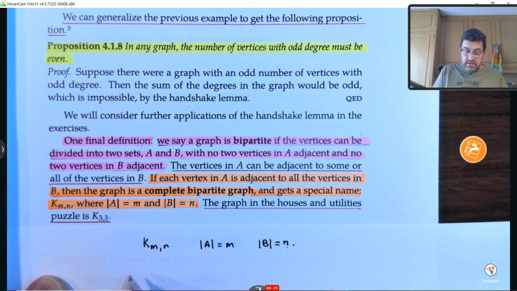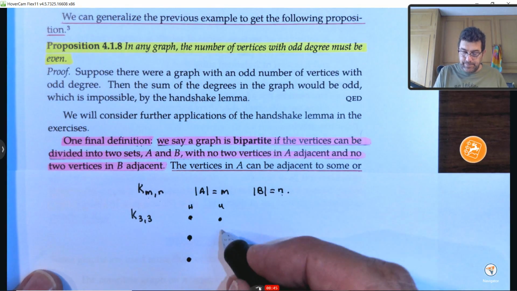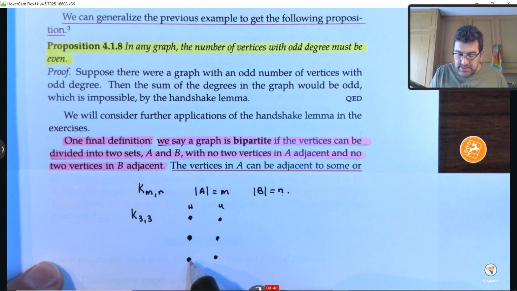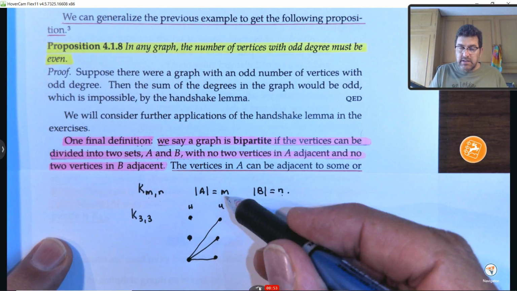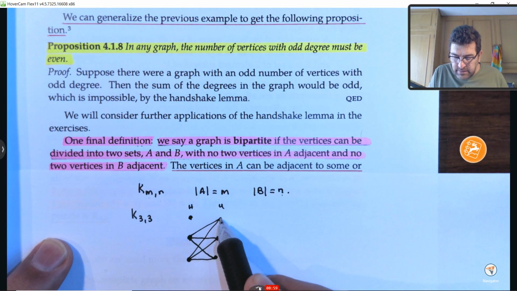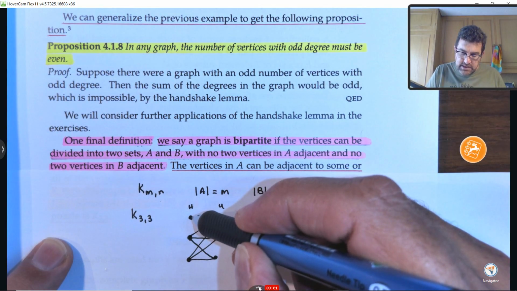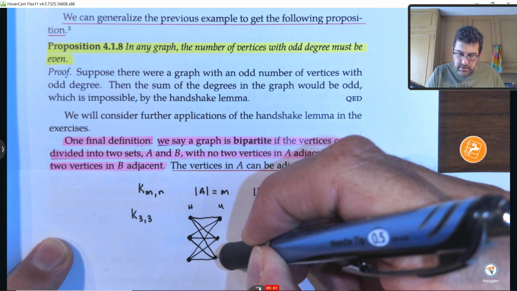So if we talk about K33, which we did earlier with the houses and the utilities, we have the houses in a separate set, and the utilities in a second set. Each one of these houses was connected to a utility node on the other side. So this house was connected there and there, and this house was connected with that utility vertex, this vertex, and the third one.